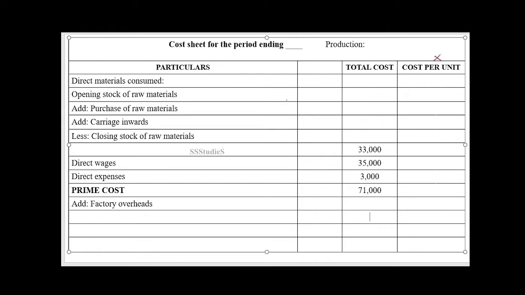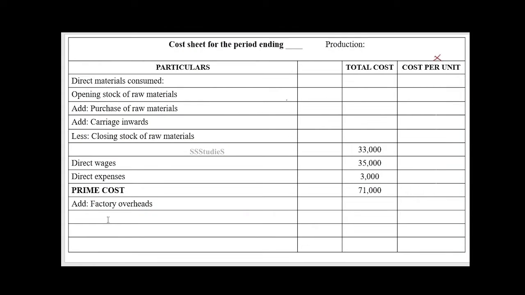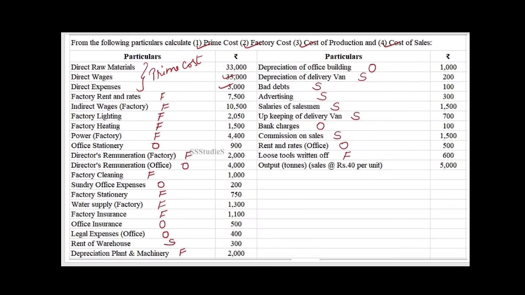We have already bifurcated the expenses as factory overheads, office and administration overheads, and selling and distribution overheads. Let us quickly write it one by one. So we have factory rent and rates, 7,500.